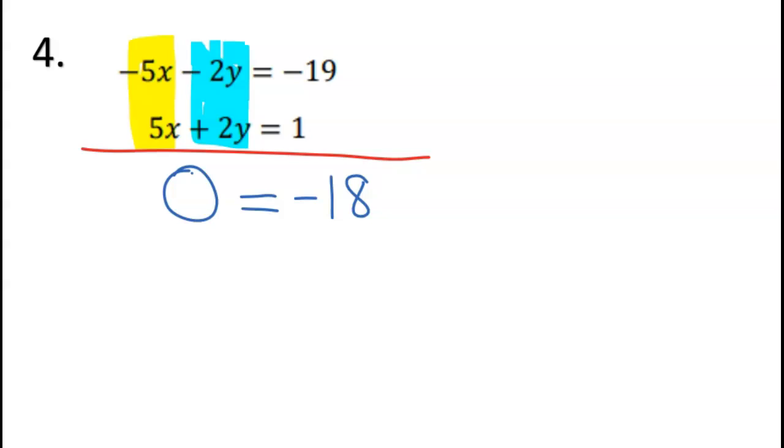Is it ever possible? It is not possible for 0 to equal negative 18. Now, remember that I told you that these represent lines and that I was finding an intersection. Why would I have difficulty with intersection points?